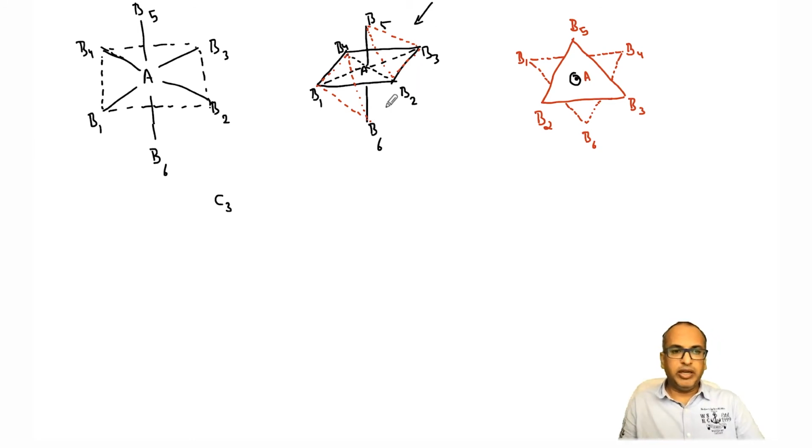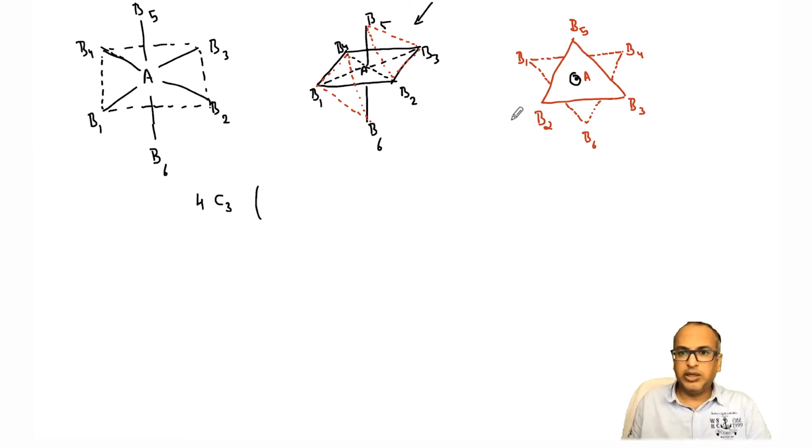Let us try to count how many C3 axes will be present. There will be 4 such C3 axes. Let us try to list them down. Let's list the faces of the triangles that are formed by B atoms. One is B2, B3, B5 and B1, B4, B6.